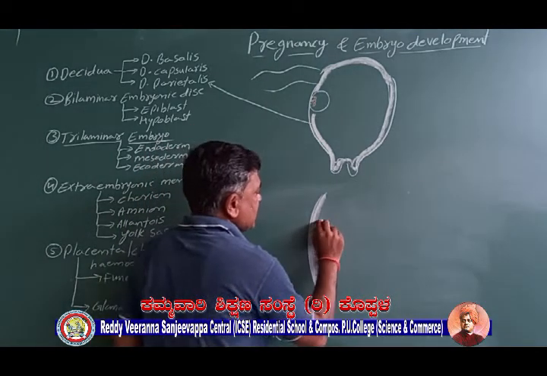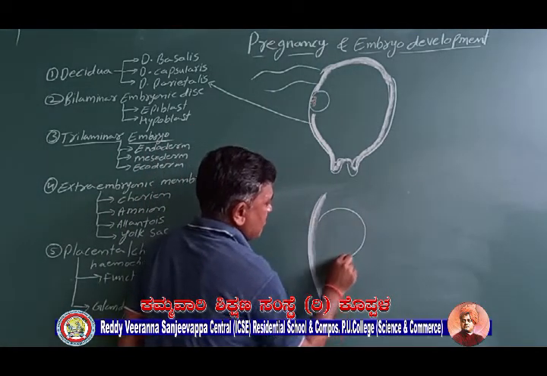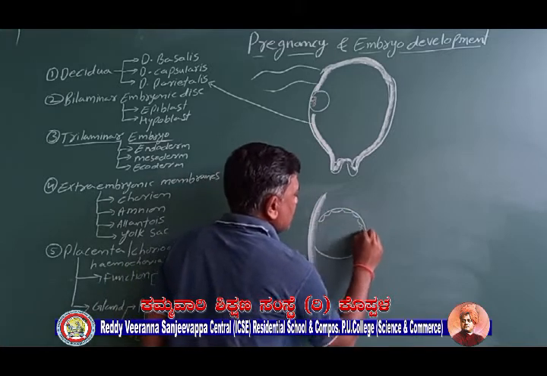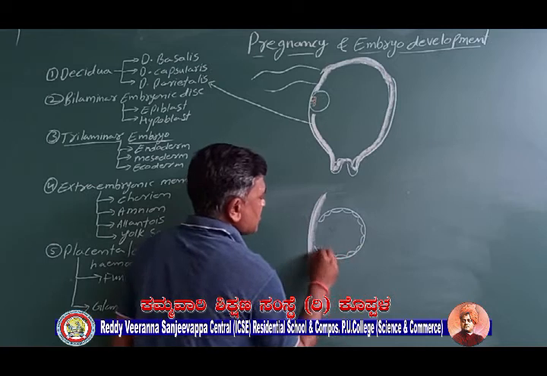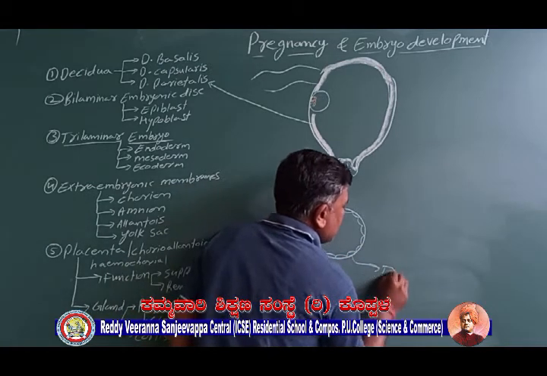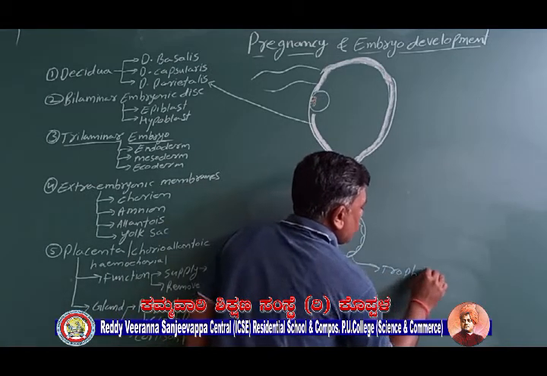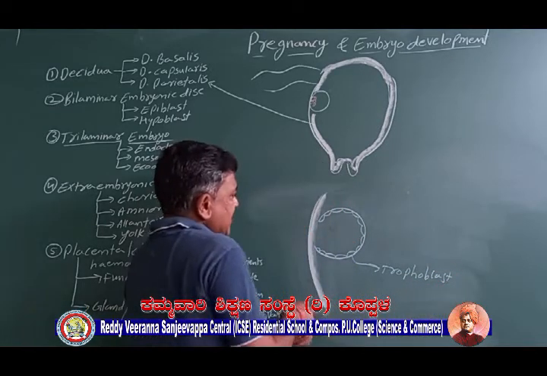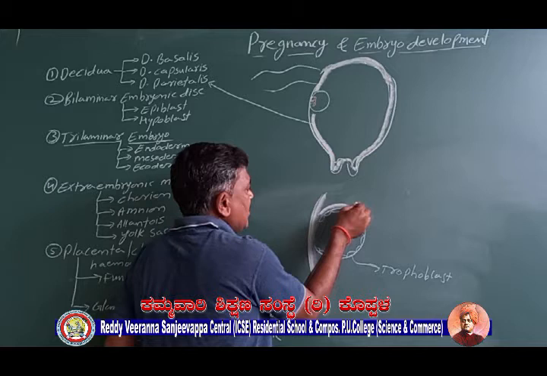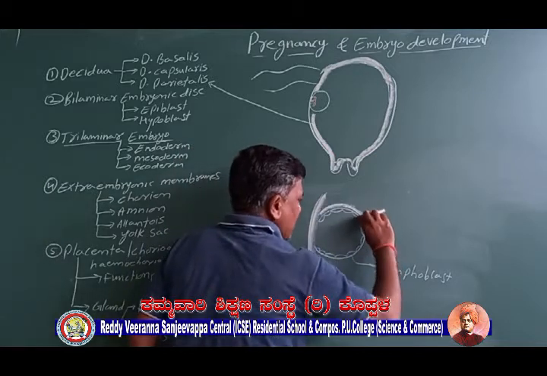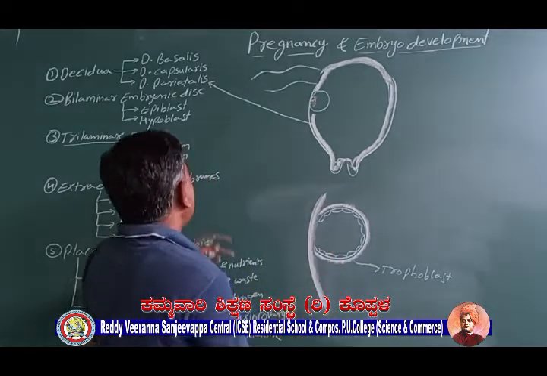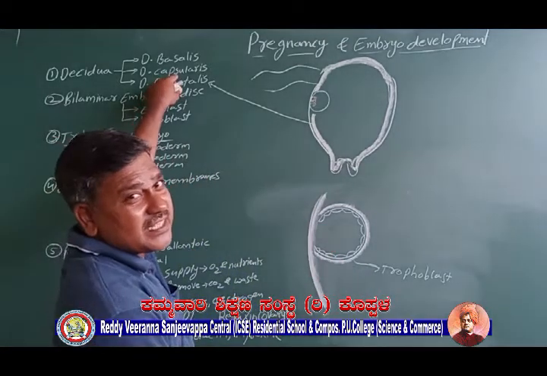Here there is a presence of trophoblast cells. And this trophoblast cell is covered with which type of decidua? It is covered with the decidua called capsularis.